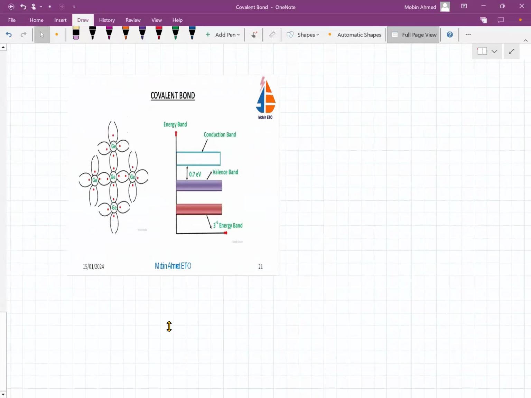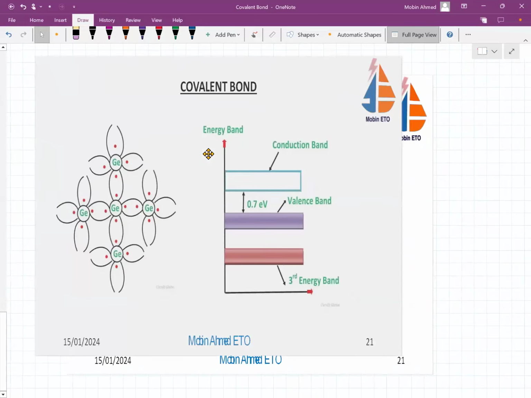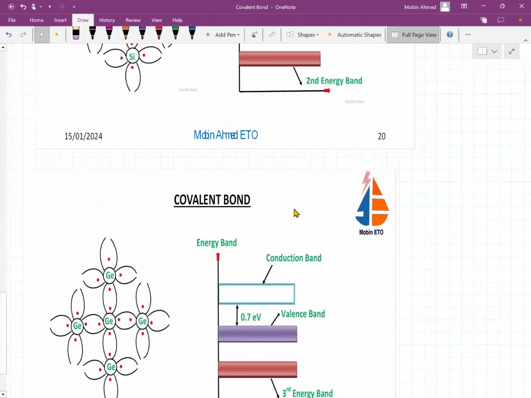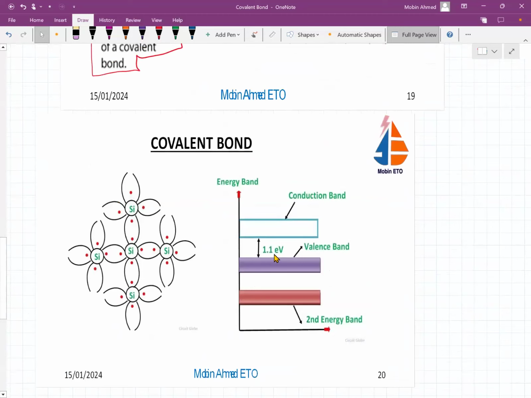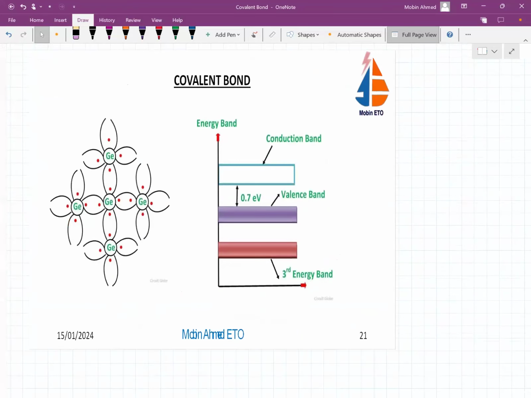Now remember their eV, electron volt, that is again important. 0.7 eV is what germanium has, and silicon has 1.1 eV. So this is the covalent bond of silicon, whereas this is the covalent bond of germanium.